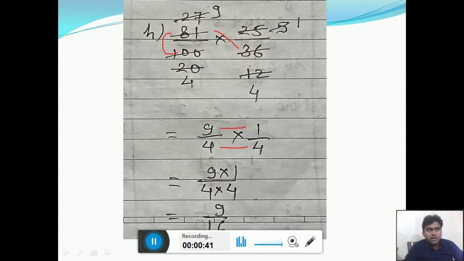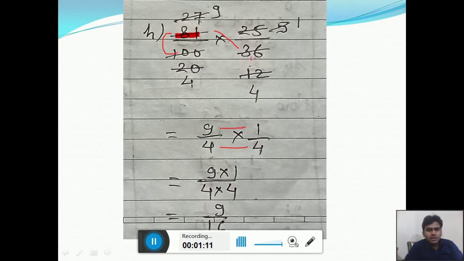So here in this question 81 upon 100 is written. This 81 we can simplify by 3. 3 2s are 6, and then what is left? 2 is left. 3 7s are 21. So 81 is simplified by 3 to 27.